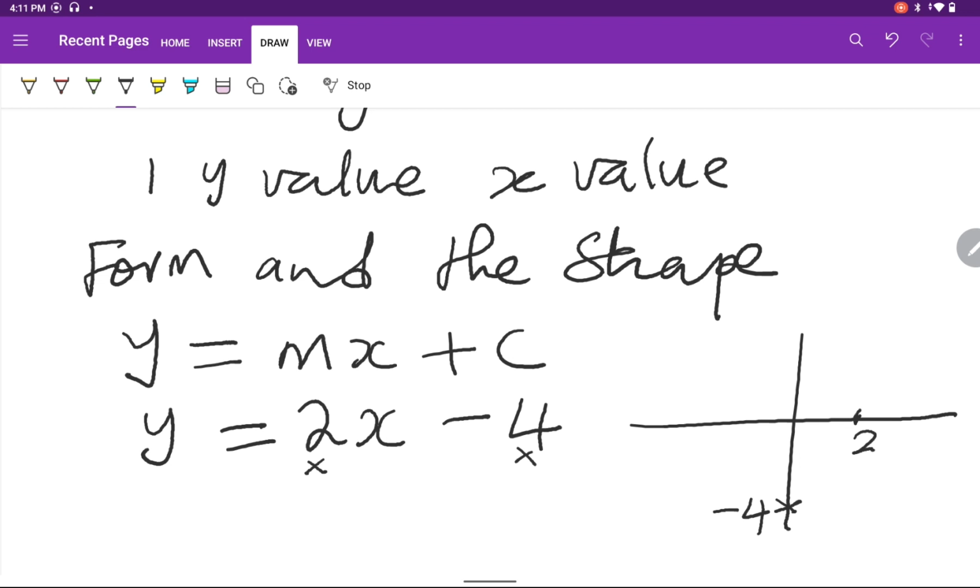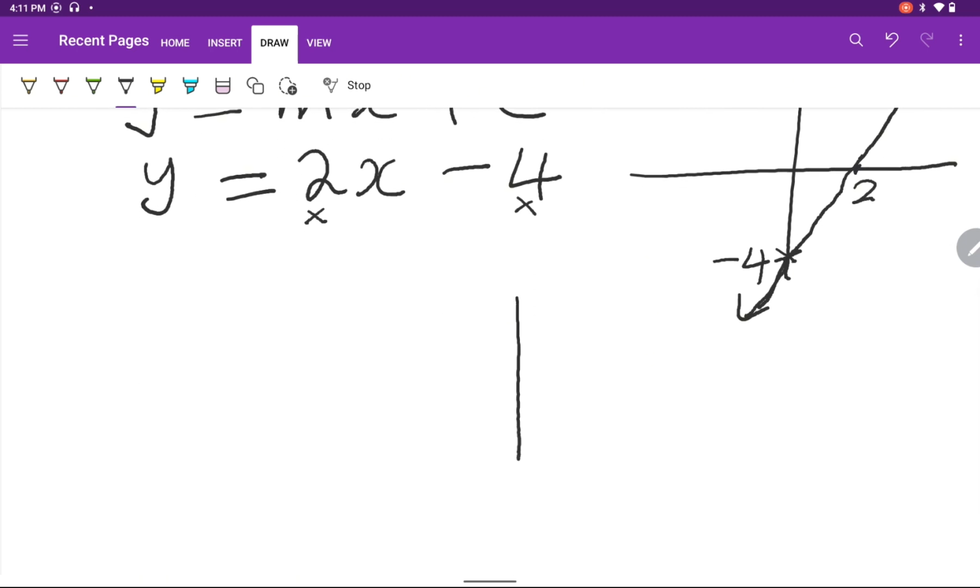So we will have both intercepts. As long as we see the c and the m, then our graph is going to intercept the axes twice. So whenever the graph is intercepted twice, for example, if I just draw the graph, you see I have the x-intercept and the y-intercept.